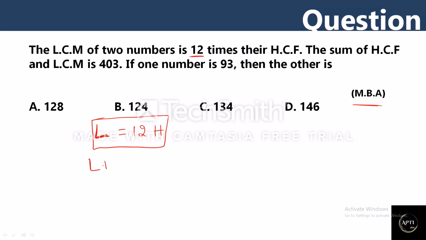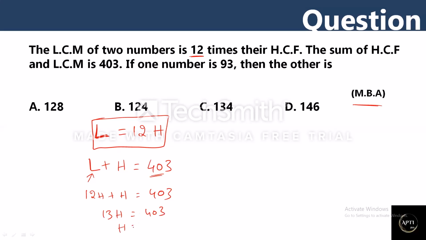Sum of LCM and HCF, L plus H. Already we assumed LCM is L and HCF is H. So L plus H is 403. Now, can I substitute 12H in place of L from the first equation? So 12H plus H is equal to 403. 13H is equal to 403.